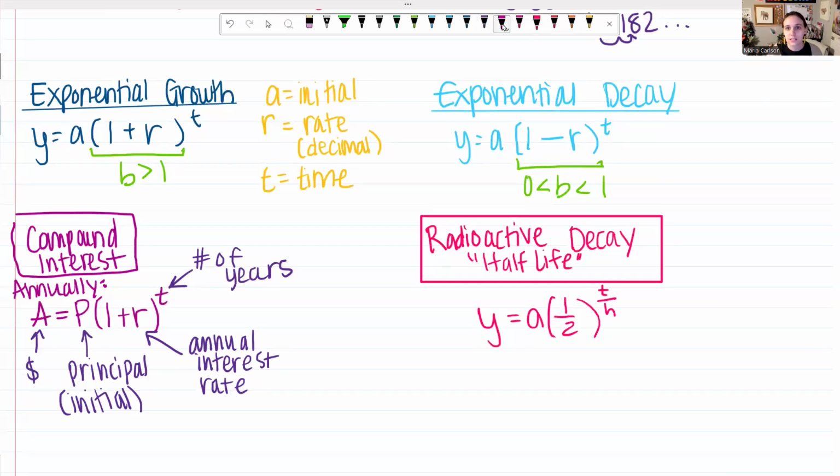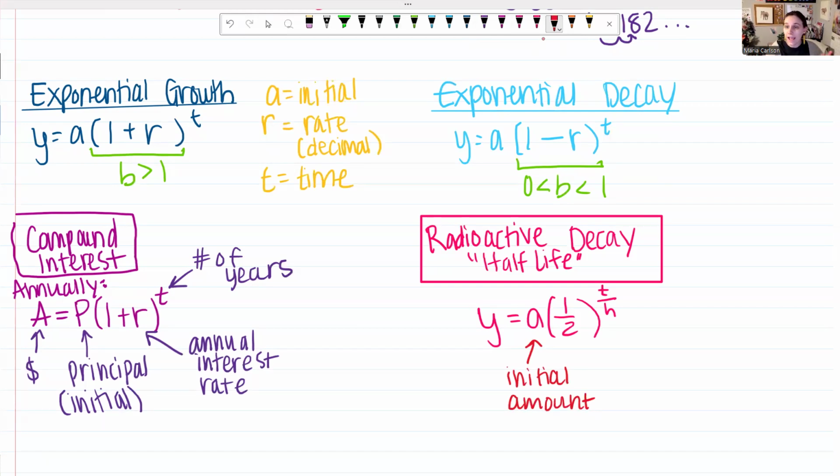So this is somewhat similar to the interest formula, but also a little bit different. So we still have this A, which is representing the initial value, in this case, the initial amount of the substance that is decaying, usually in grams, like some sort of weight.